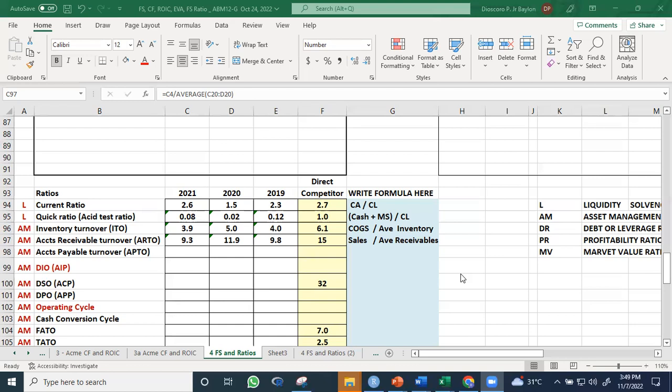Pero for all intents and purposes, based on research din na ginagawa, wala nang masyadong nakikitang difference if isasama natin si credit sales lang for this year. So next year, ganun din, matatanggal din yung cash sales dun. So credit sales lang din yung magiging numerator natin. But yeah, that's a very legitimate concern. And thank you for pointing that out.